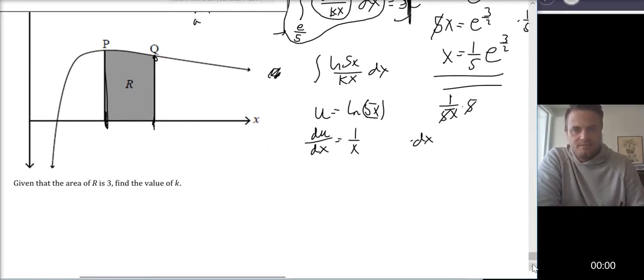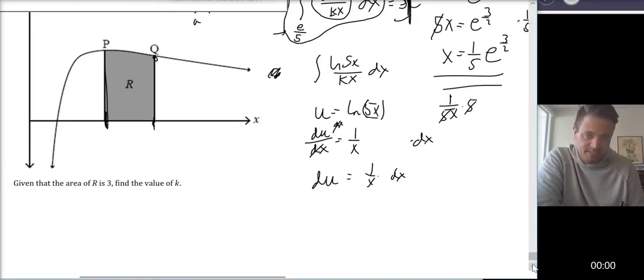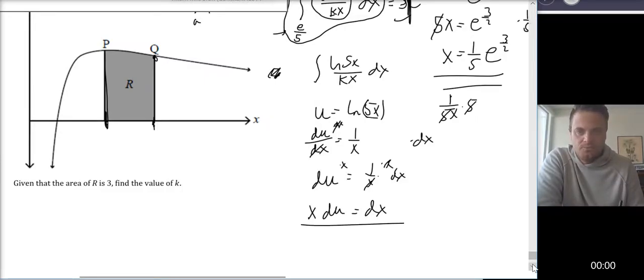And then dx, of course, disappears here, right? If I multiply with dx here, I get du is equal to 1 over x times dx. Then I have to get dx by itself, get rid of this, and then I just multiply by x on each side. And then we see that dx is all by itself on this side. 1 times dx is dx. And on the other side, we get x times du.